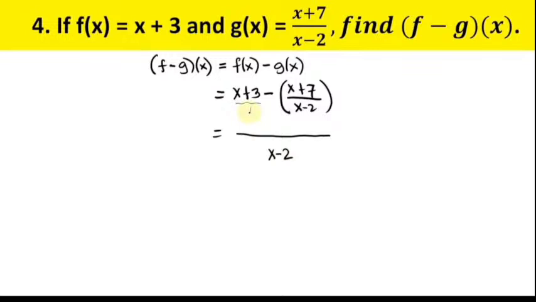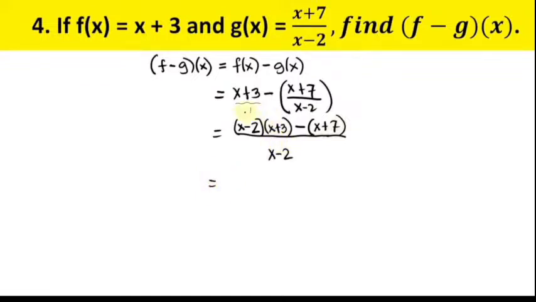So the result is same pa rin, x minus 2 times the value of the numerator, that is x plus 3, subtract x minus 2 divide x minus 2, that is 1, times x plus 7, the value of the numerator, equals, simplify natin.